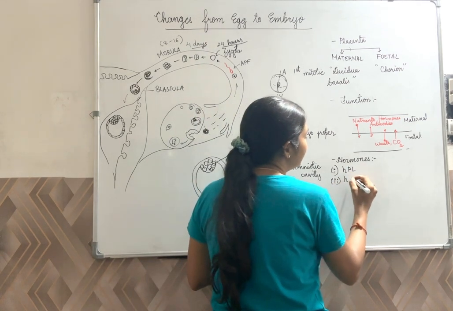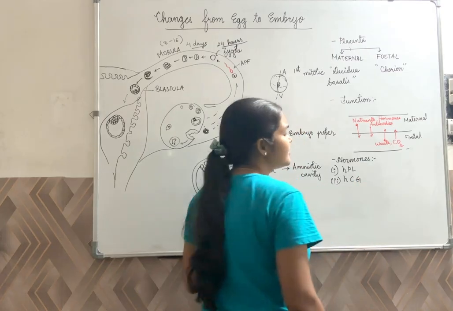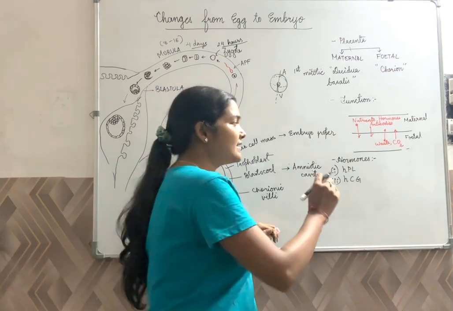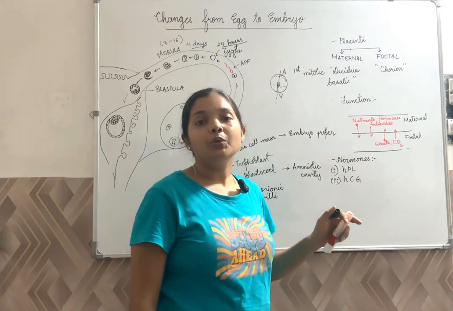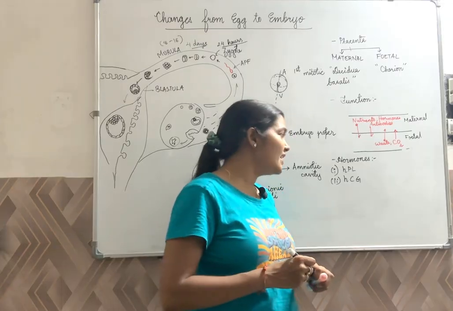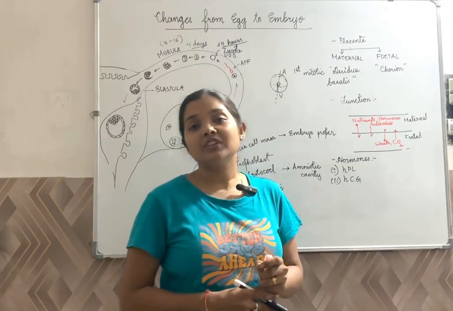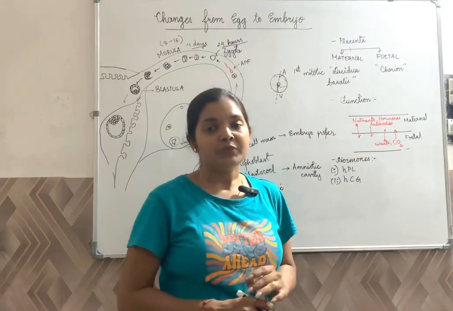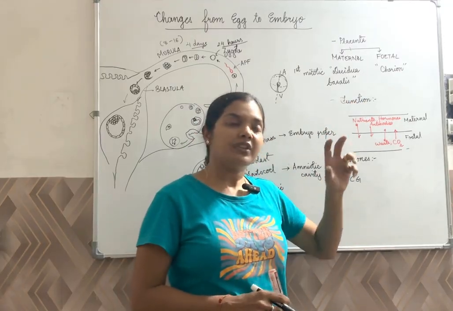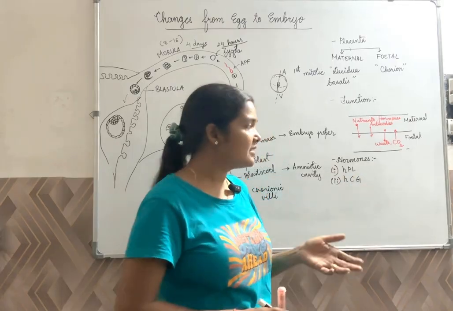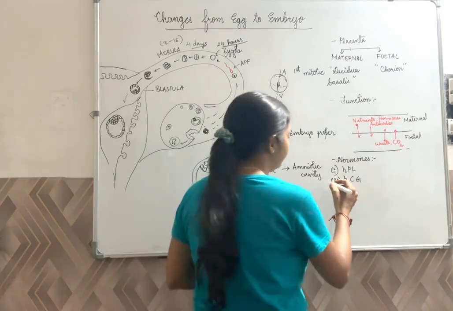Then there is another one called HCG, which stands for human chorionic gonadotropin. In fact, this is the one which is detected during the pregnancy test. It is not the progesterone, but it is the HCG. Since it has been secreted from the fetal part of the placenta, it confirms pregnancy. So when the serum is collected from the mother, it is the HCG which is detected. If it is present, the pregnancy is confirmed.